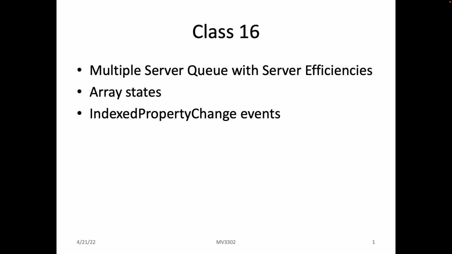So when we only count the customers in the queue as a count, then we can do things like estimate the average number in the queue by using the time average means that we've been talking about. But we can't identify explicitly what the individual times in the queue or the times in the system are for those customers.